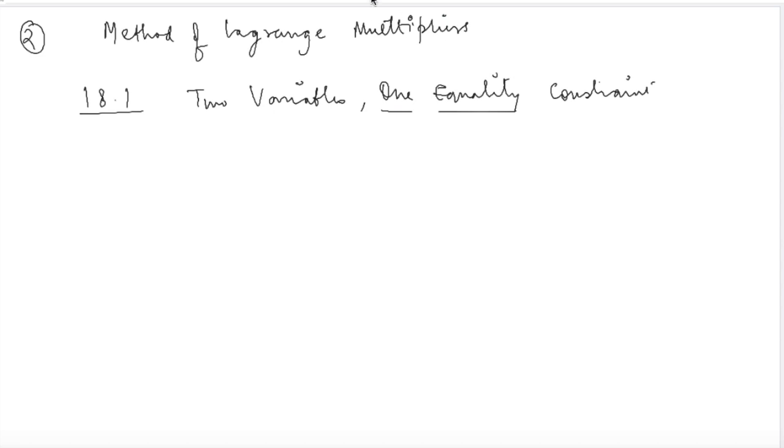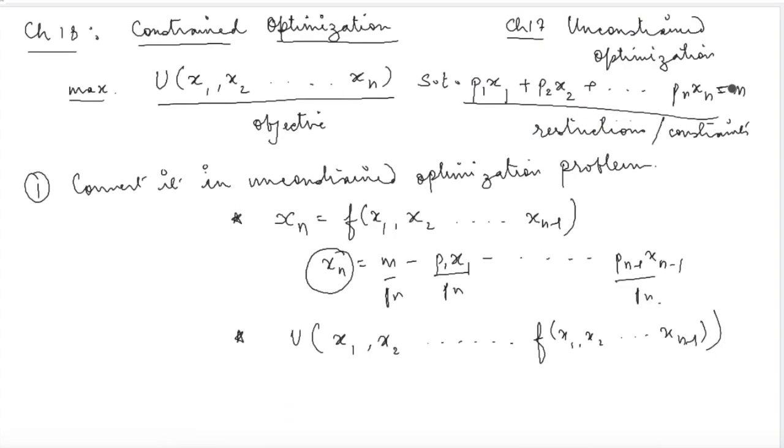Again, it is important to look at whether the constraint has an equality sign or an inequality sign, because आप जिस टेक्निक को यूज करोगे इस प्रॉब्लम को सॉल्व करने के लिए वो डिपेंड करता है कि यहाँ पे कॉन्स्ट्रेंट में इक्वालिटी का साइन है या इनइक्वालिटी का साइन है. फिलहाल जब हम कॉन्स्ट्रेंट ऑप्टिमाइजेशन या लैग्रांजियन मेथड की बात कर रहे हैं तो हम इक्वालिटी कॉन्स्ट्रेंट्स को कंसिडर कर रहे हैं. अगर यहाँ पे इनइक्वालिटी कॉन्स्ट्रेंट्स होगा then we have a separate method which we are going to study in the next chapter.